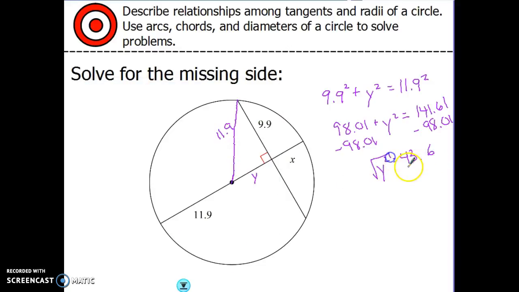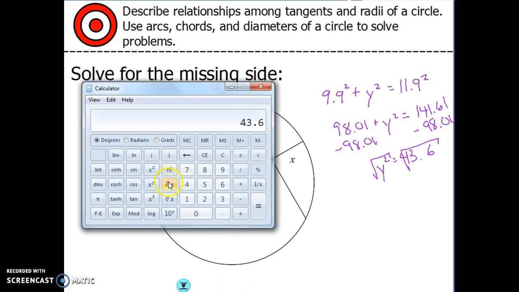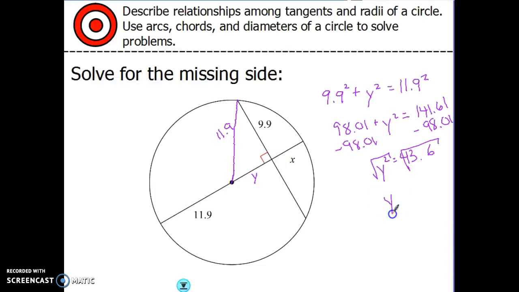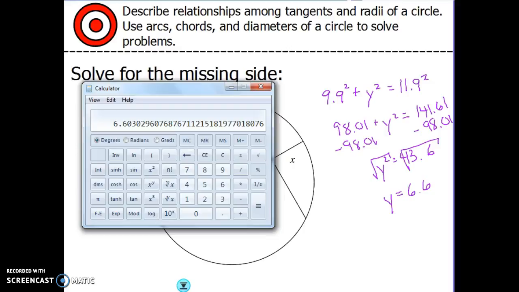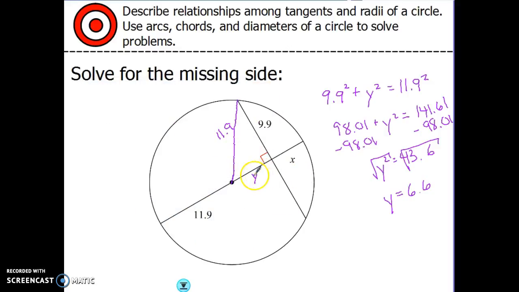And then the last step is to take that square root. So now I need to do the square root of this. And that's going to give me 6.6. Did I round that correctly? Yeah. All right, so the length of this side here is 6.6. Now remember what we said earlier, the length of this whole thing is a radius, and the radii are 11.9.